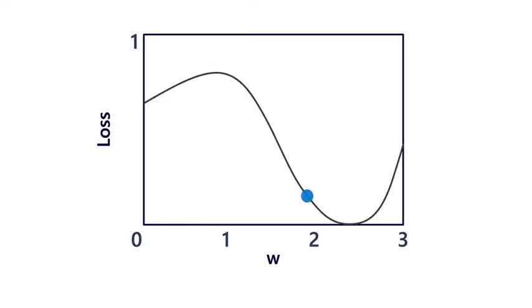Let's take the first of these capabilities. We can plot the line of the function to show how an individual weight value compares to loss, and mark on that line the point where the current weight value matches the current loss value. Now let's apply the second characteristic of a function. The derivative of a function for a given point indicates whether the slope or gradient of the function output, in this case loss, is increasing or decreasing with respect to a function variable, in this case the weight value.